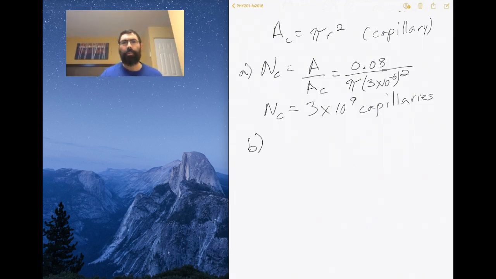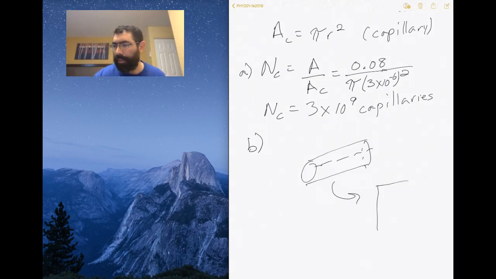Okay, now we want to find the total surface area of all of these capillaries. Again, think of a capillary as a cylinder. If you were to slice this cylinder and open it up, you would have a rectangle which has a length L and the other side a width of 2 pi times the radius of the capillary.